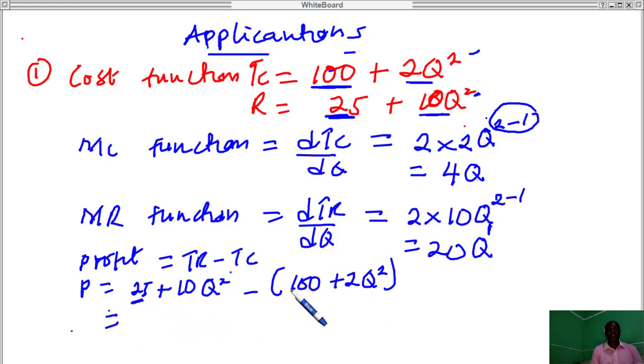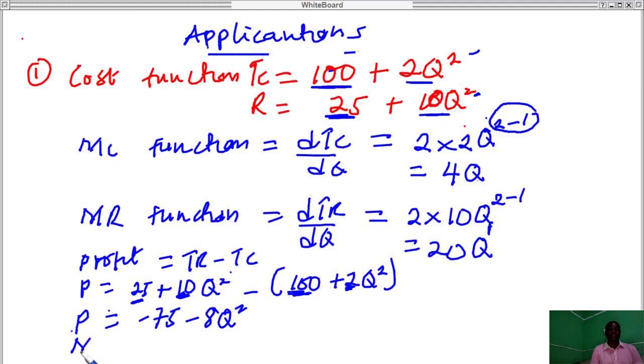This number 25 corresponds to this 100, so you subtract 25 minus 100, use your calculator, to give you minus 75. Then 10 minus 2 will give you minus 8Q squared. You only subtract the numbers behind the variable, 10 minus 2. So this will be the profit function.